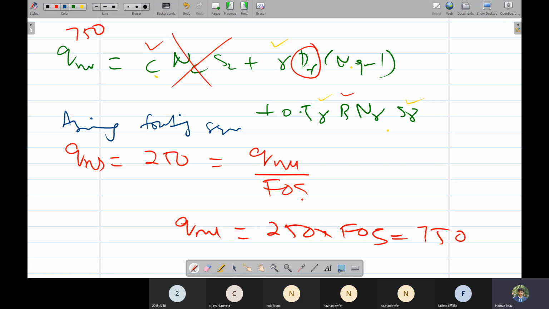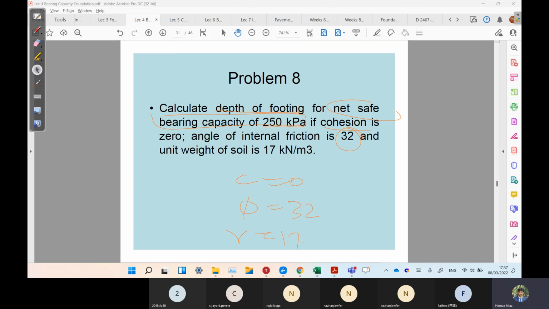Make it clear that you are assuming this value. So that's no issue. If something is not given, write clearly that this value you are assuming. So for this, just calculate the Df value. This is the depth of footing. Any issue in this one?